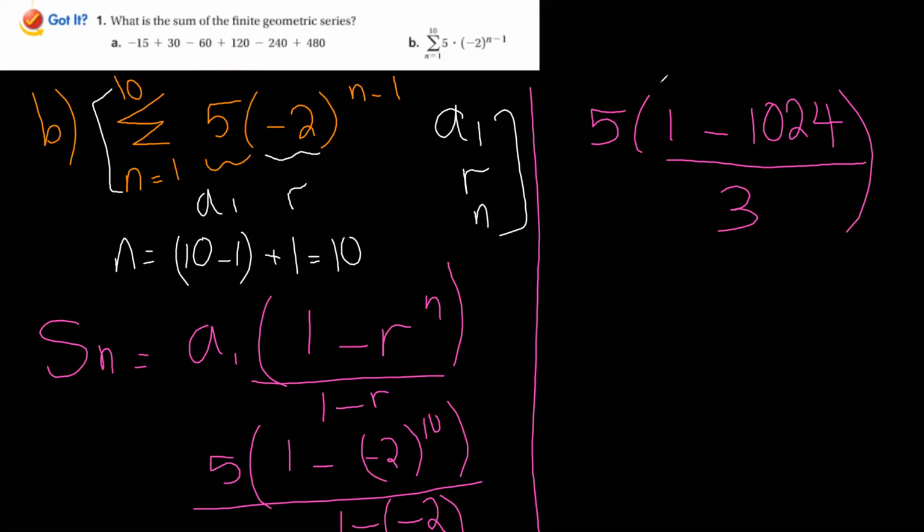Then after that, 1 minus 1024 is negative 1023, times 5 over 3. The answer is negative 1705. Is it clear now?